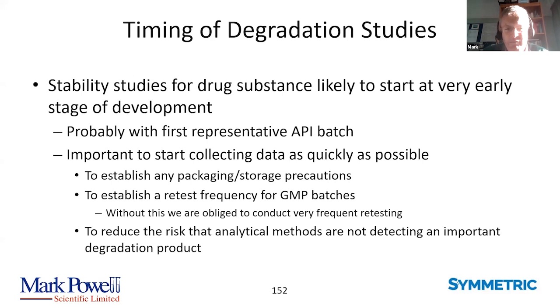If we're talking about a compendial method for a drug product, say a USP method for a tablet formulation, we cannot assume that that particular compendial method will be suitable for our product. In other words, there may be degradation pathways that exist in our formulation that did not exist in the reference listed drug.